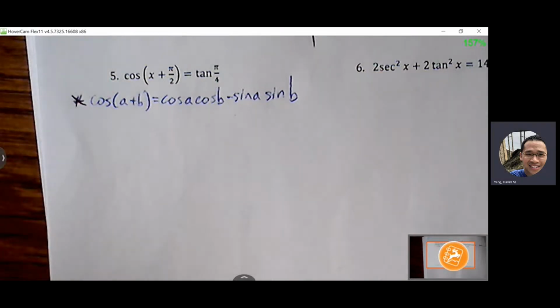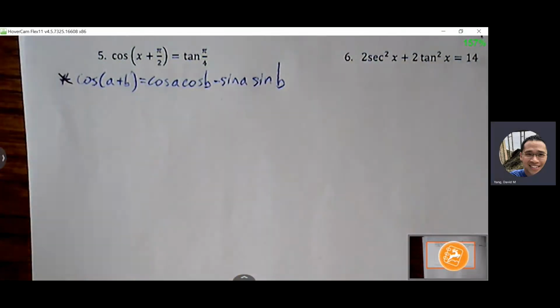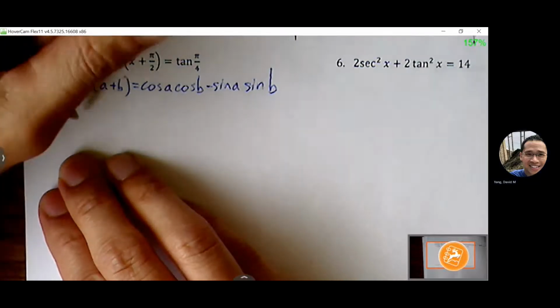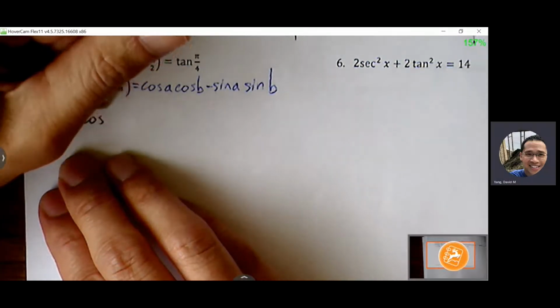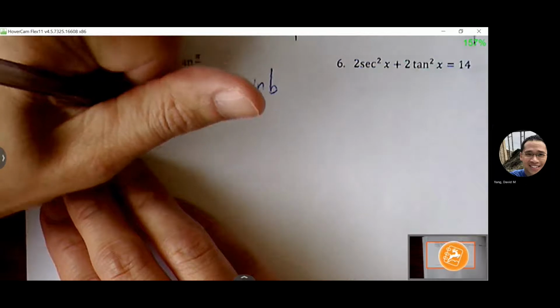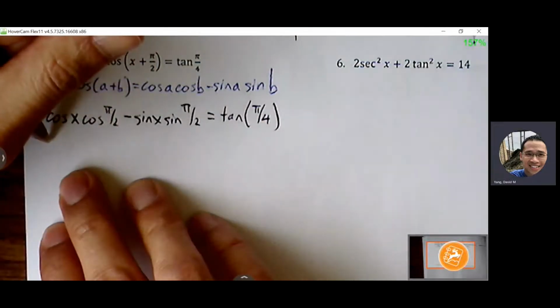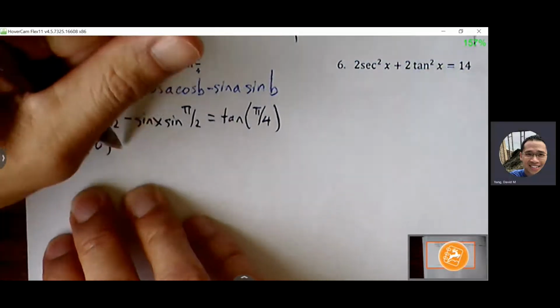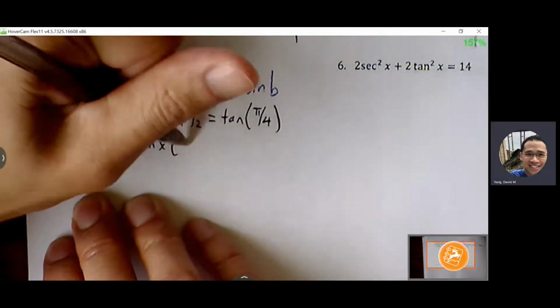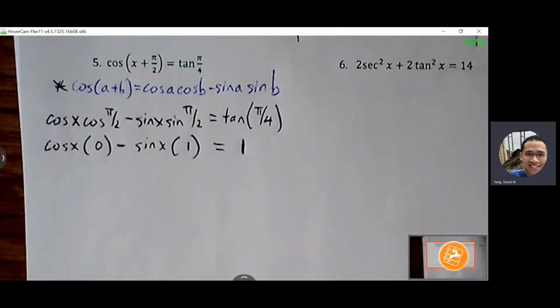Okay. Anybody still need to look at number 4? Once you expand, then try to resolve any of the values that you can replace using unit circle values.